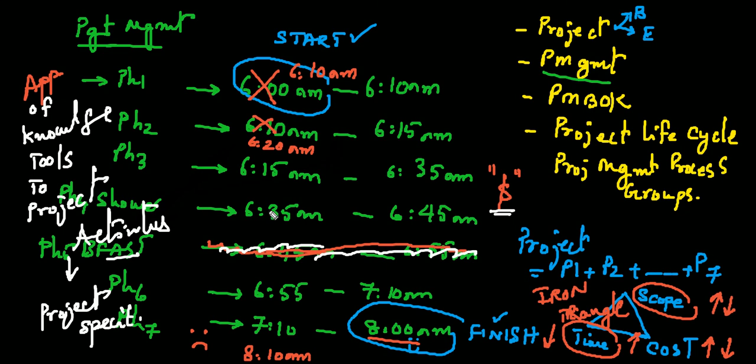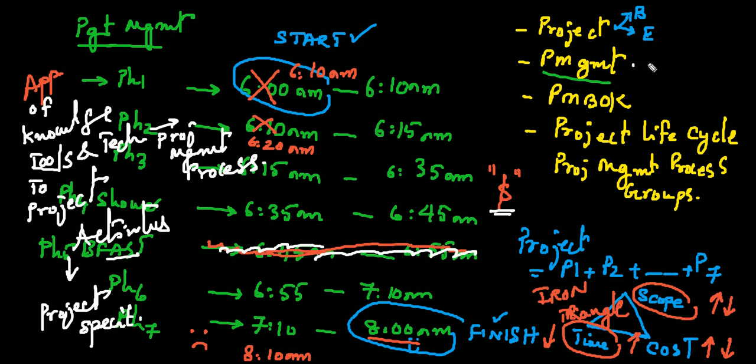What is project management? It is the application of the knowledge, the tools and the techniques to your project activities. These tools and techniques are actually called project management processes. Hope this much is clear.